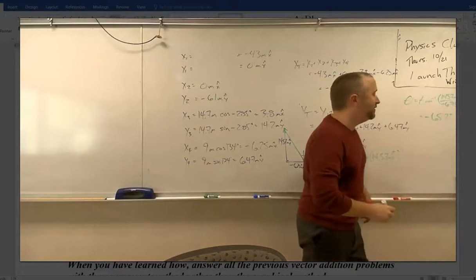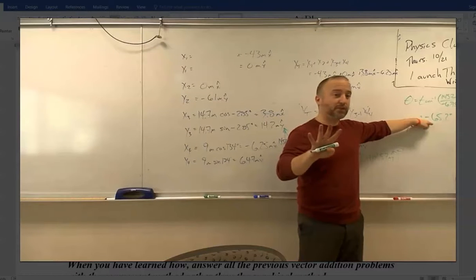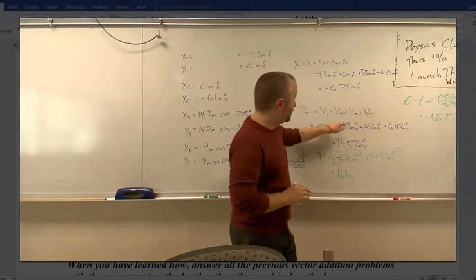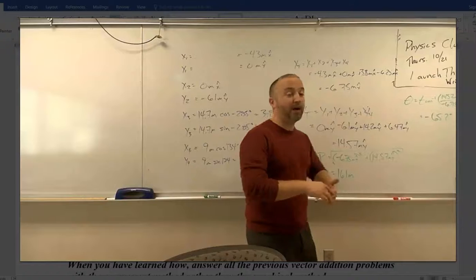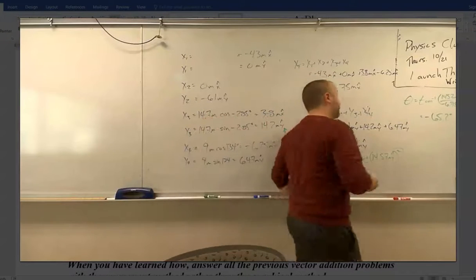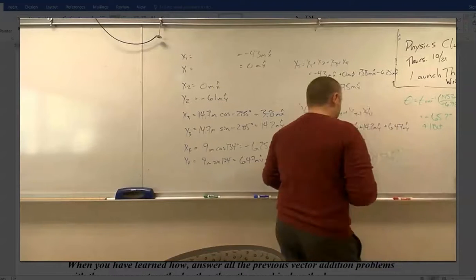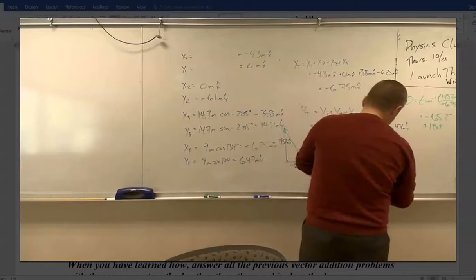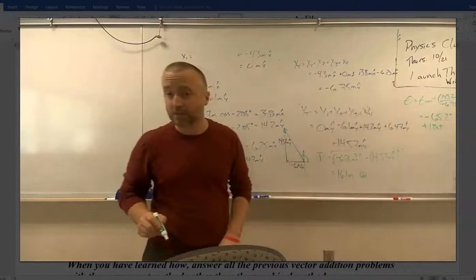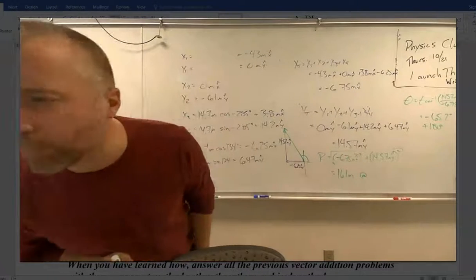But you got to be smarter than your calculator. That is in the fourth quadrant. We can see from our signs here, negative x, positive y, in addition to our original sketch, that should be in the second quadrant. So we fix that by simply adding 180 degrees. So our final answer is 16.1 meters at 114.8 degrees.